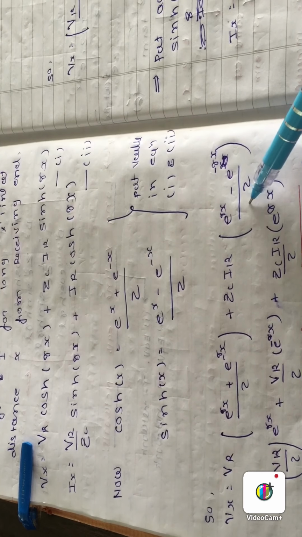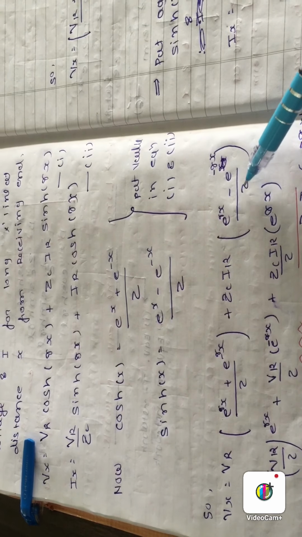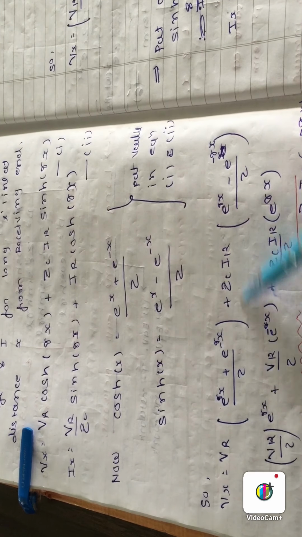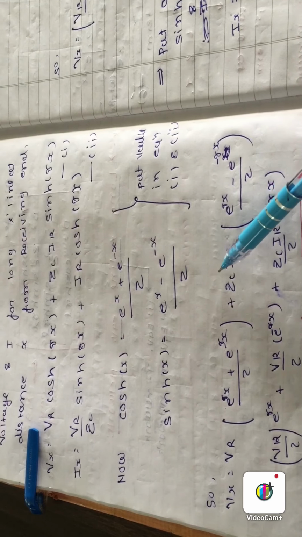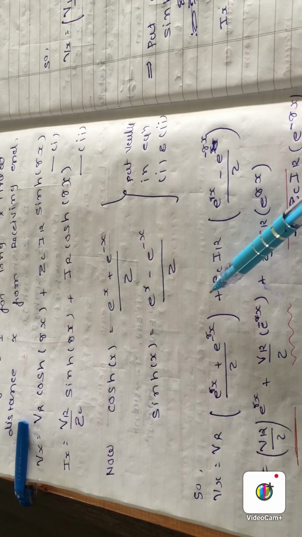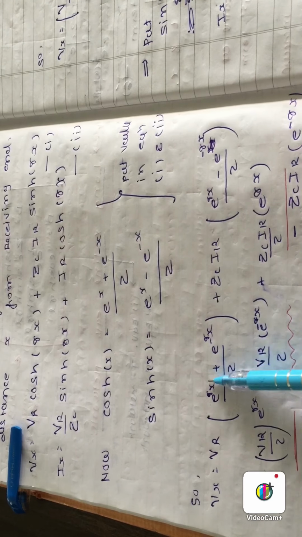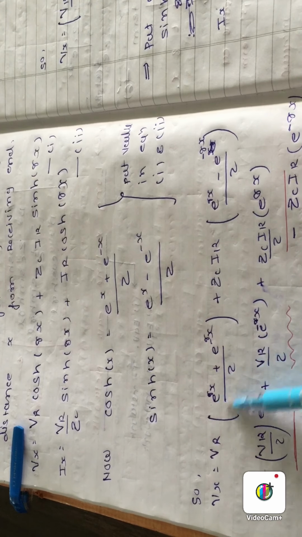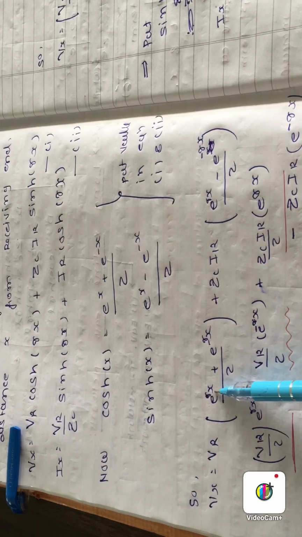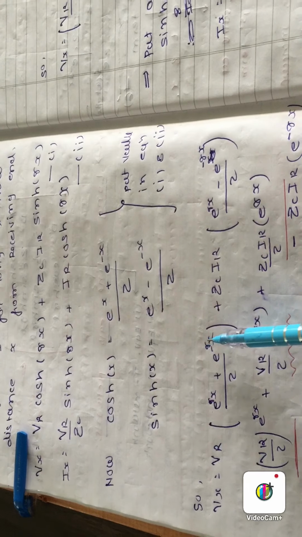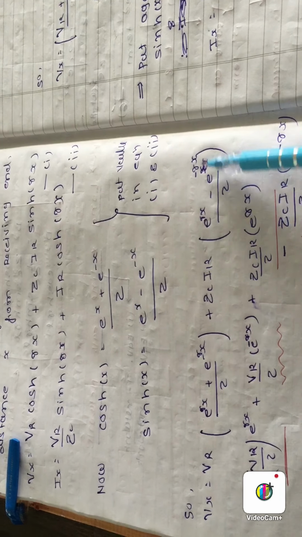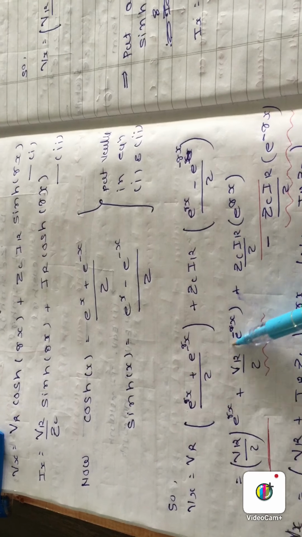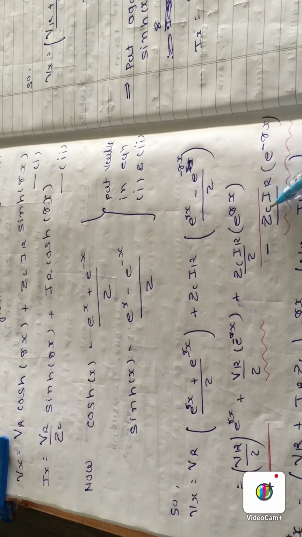So we derive this equation, which is in exponential form. Now we will separate each element and open the bracket. Vr will multiply by this, Vr will again multiply by this, and ZC Ir will multiply by these two elements. So we will get four different sections.